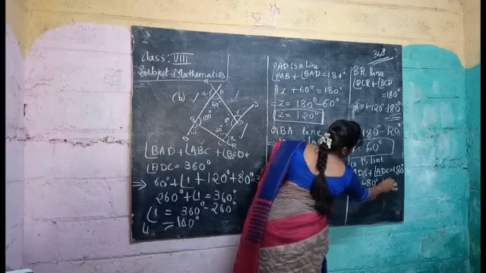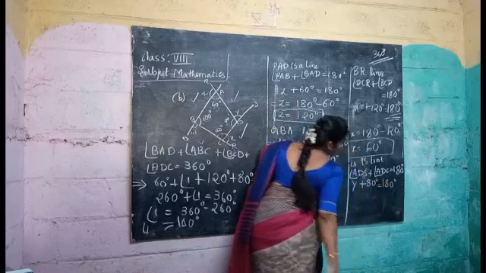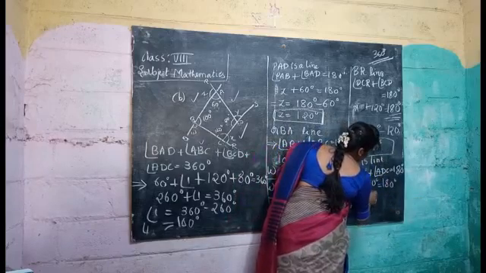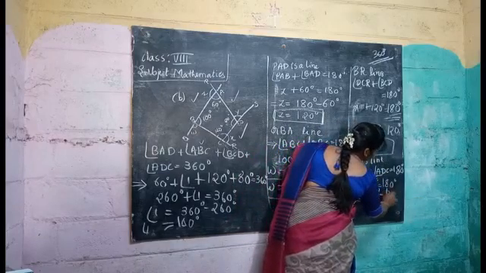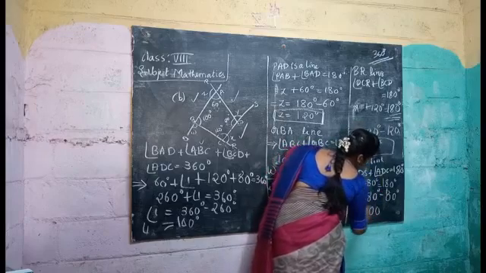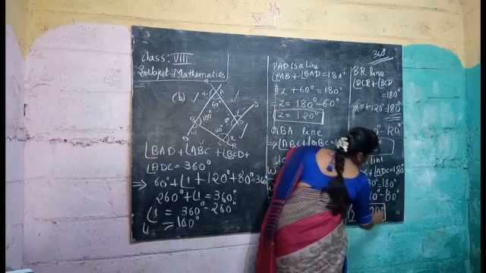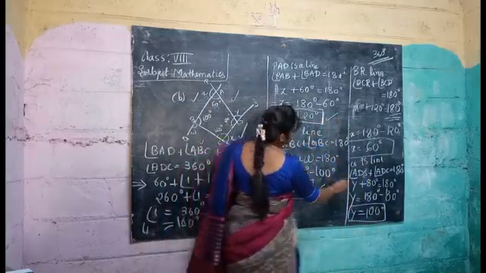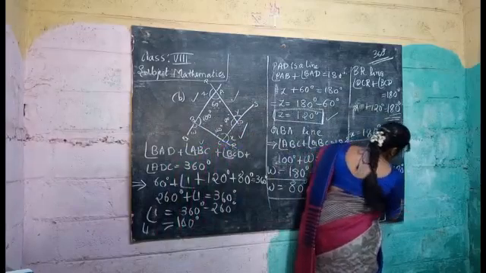Is equal to 180. I am taking Y out. 80 that side. 180 minus 80. What is remaining now? 100. We got Y also. We got Z. We got W. We got X. We got Y.